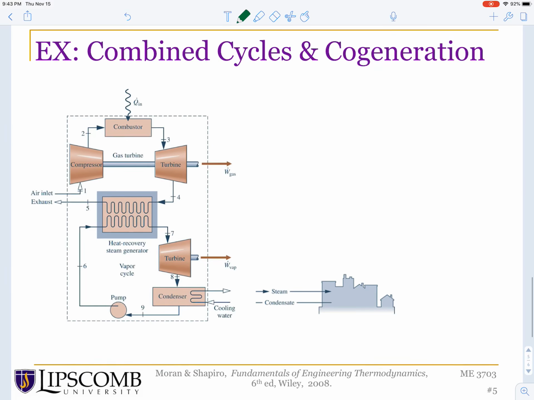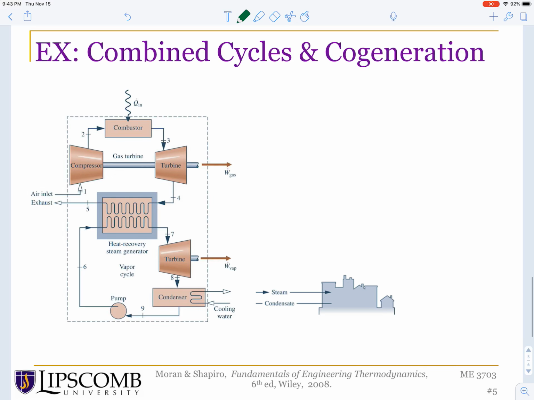Another example, and this is actually your homework assignment, which is posted online, is called a combined cycle. And I'm going to actually explain the combined cycle and then also cogeneration. I think this is pretty cool. The world record for thermal efficiency for a power plant is right around 60%.